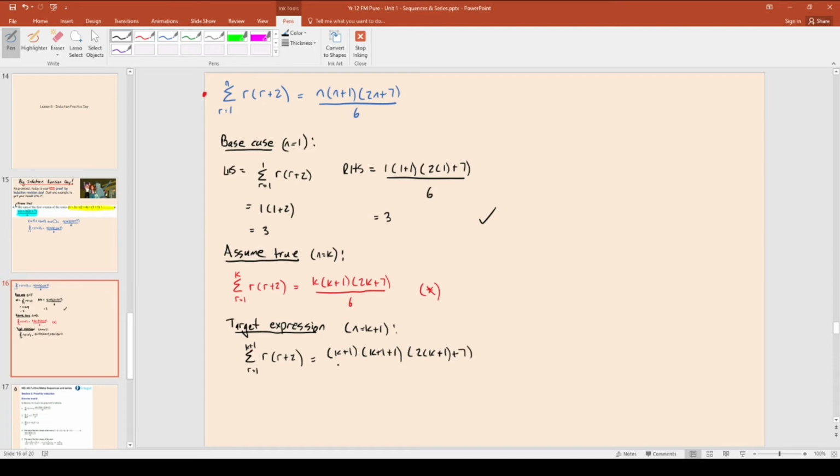So if our assumption is true, this is what the target would have to be, all over 6, which simplifies down to k plus 1, k plus 2, and 2k plus, 2 times 1 is 2 plus 7 is 9, 2k plus 9, all over 6, okay? Now that, again, is super important also. That's our target expression. So when we do our proof, if we can get to that, then that means that we've actually done the proof by induction step, which is awesome.